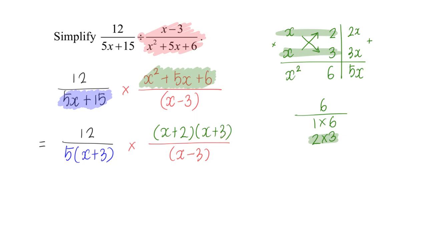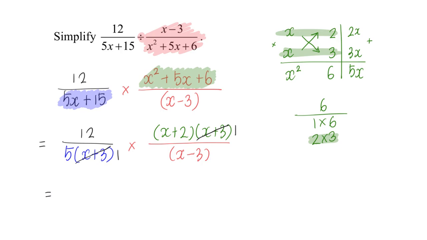And once I have this, I could then simplify x plus 3, x plus 3, the numerator can divide off to give me 1 over 1. And then I realize there's no other brackets or factors that I could continue to simplify.